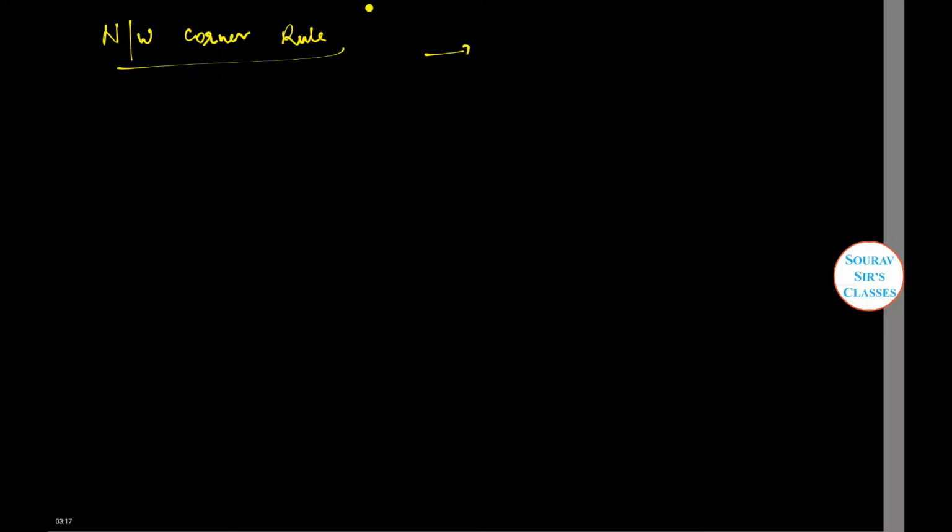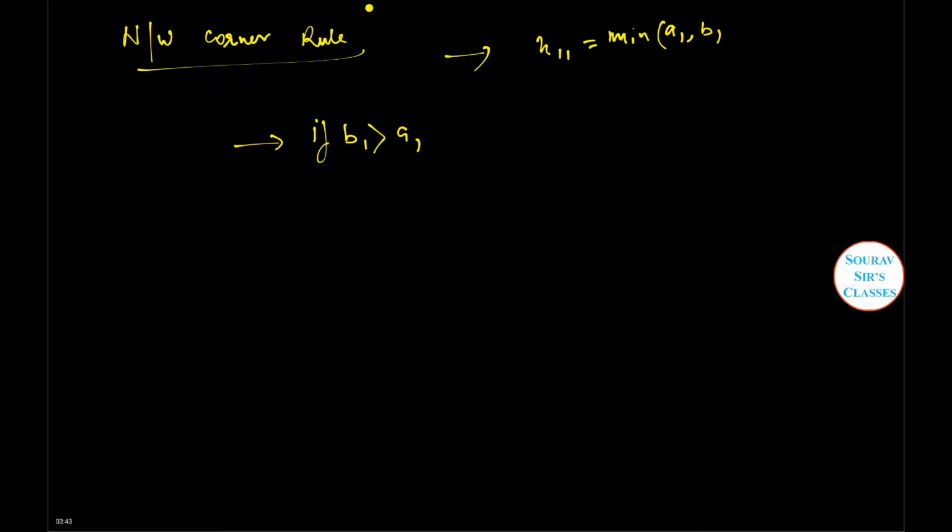That is, in step 1, x11 is equal to min of a1, b1. In step 2, if b1 is greater than a1, we move vertically to the second row and make the second allocation of magnitude x21 is equal to minimum of a2 and b1 minus x11 in the cell.